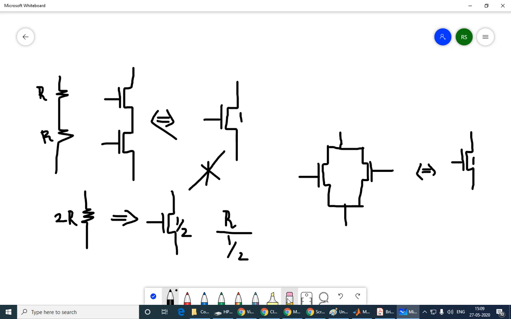We know that this is one, and one corresponds to just R. Now let us go in the reverse direction, meaning I want to go from this diagram to this diagram.